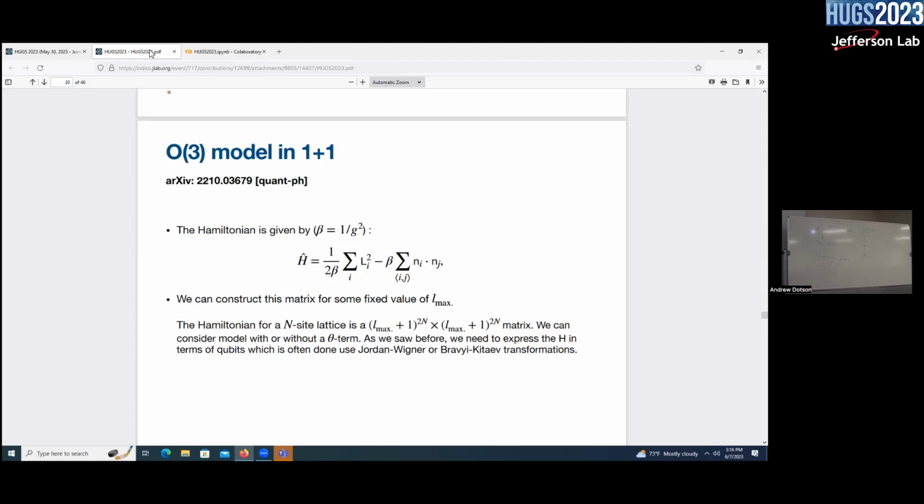For this model, you can write the Hamiltonian in terms of two terms. The first term is known as the kinetic term, and the second is the interaction term. The first is called the kinetic term because it just depends on the possible allowed values of angular momentum at that site i. The interaction term couples the nearest neighbors, so i and j are nearest neighbors.